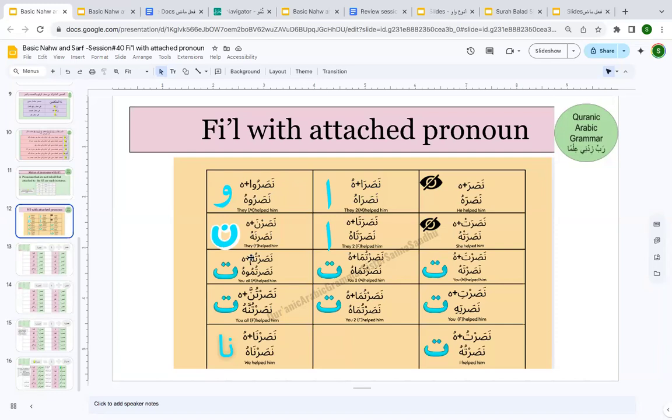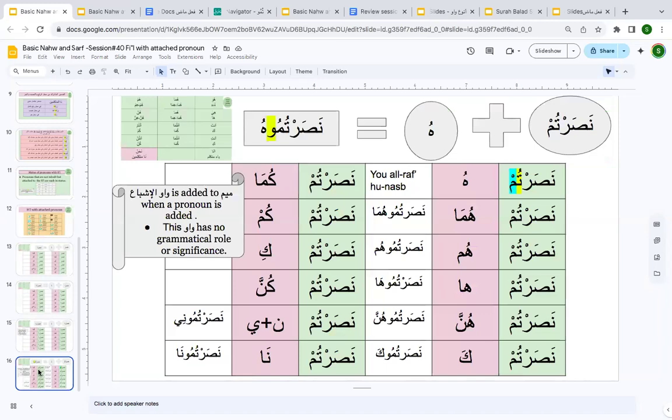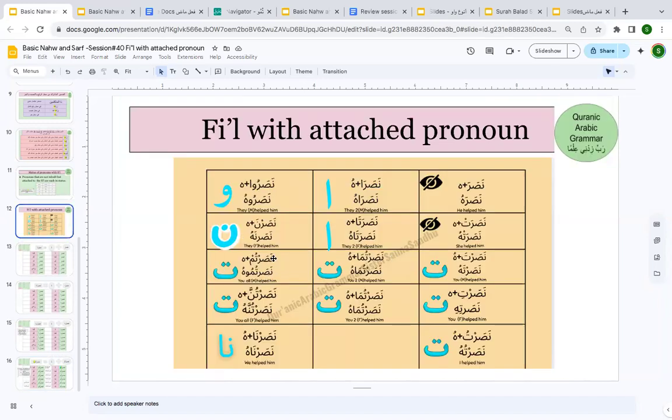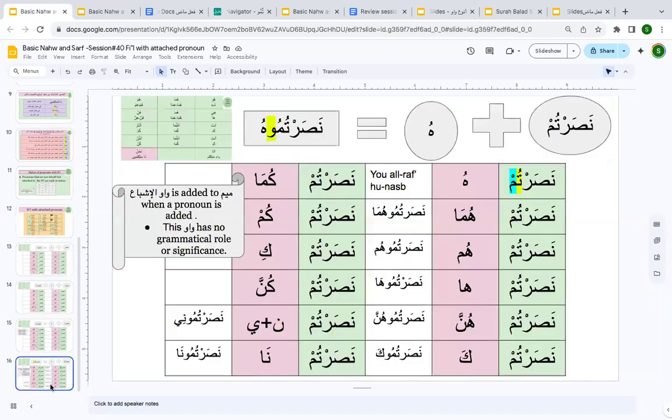Only there are you going to expect to see this vowel after mimul jama. Remember that this vowel, which is an extra vowel for the ease of flow of pronunciation, is found only in one form of the past tense, which is antum nasartum, right? I hope this is clear to each and every one of you.